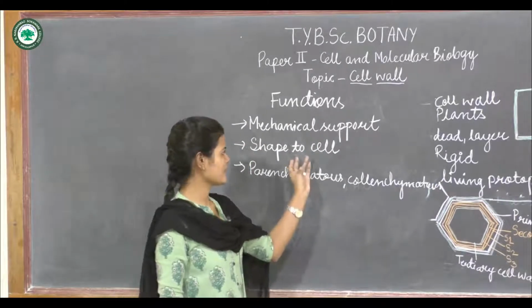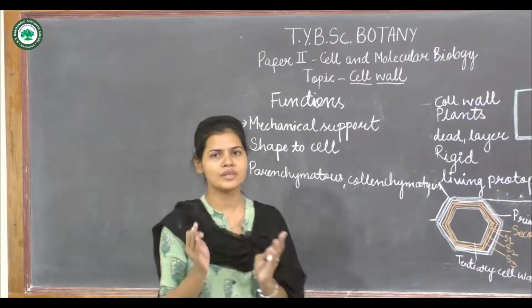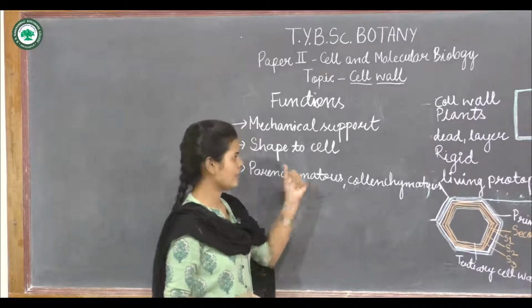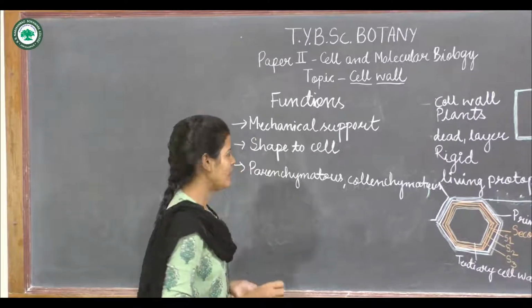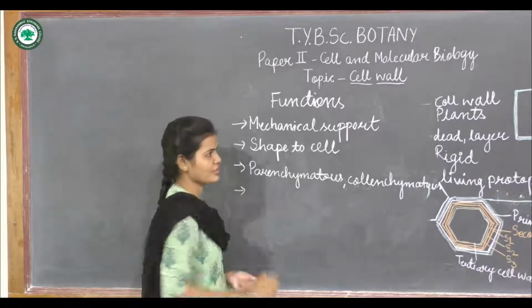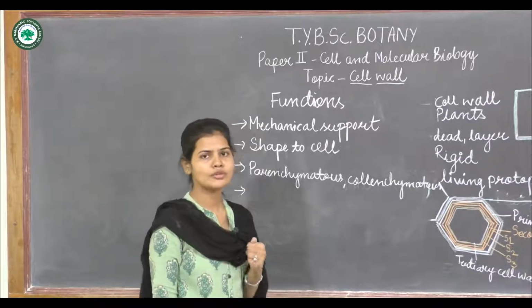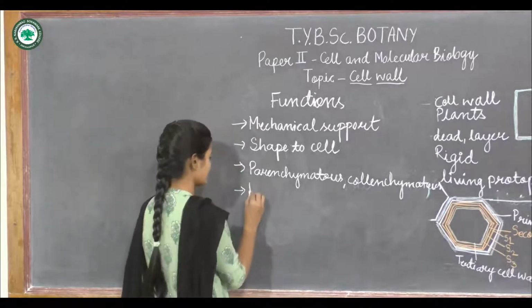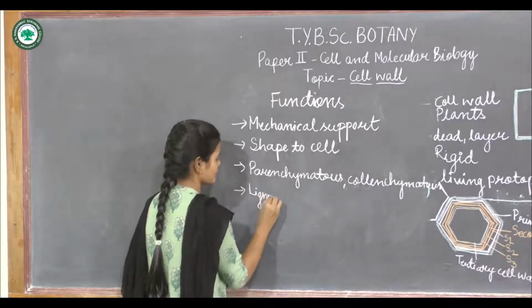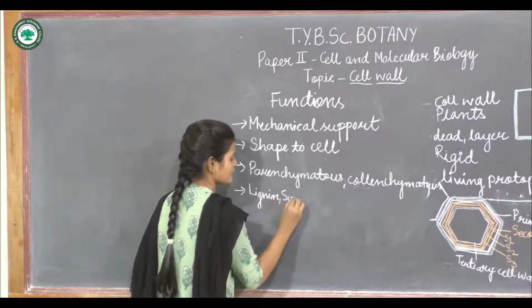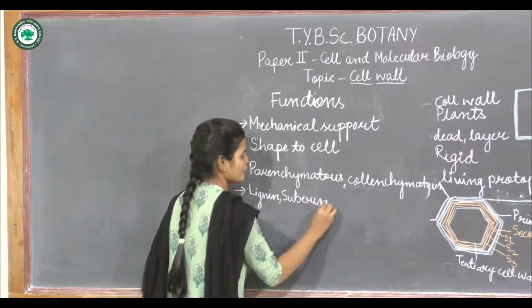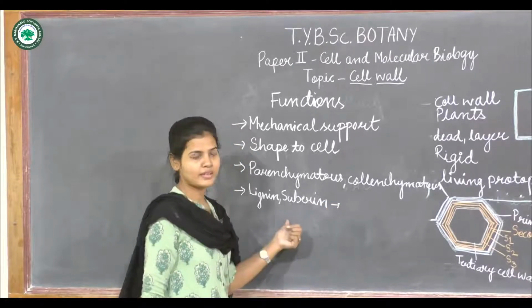So on the basis of the cell wall we can differentiate the different cells. Now this cell wall has deposition of lignin and also suberin is present, so these are materials which are also present in the cell wall.